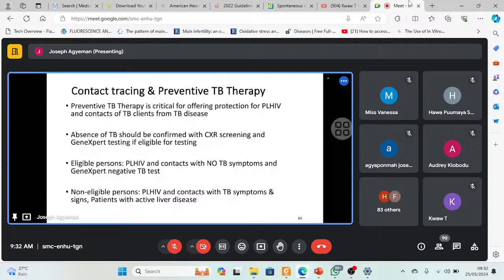Now, when it comes to TB, we did this in HIV. Once the person is diagnosed with HIV, nowadays, the guidelines is that we should do TB preventive therapy for the person, especially when the immunity is low in the initial stages.